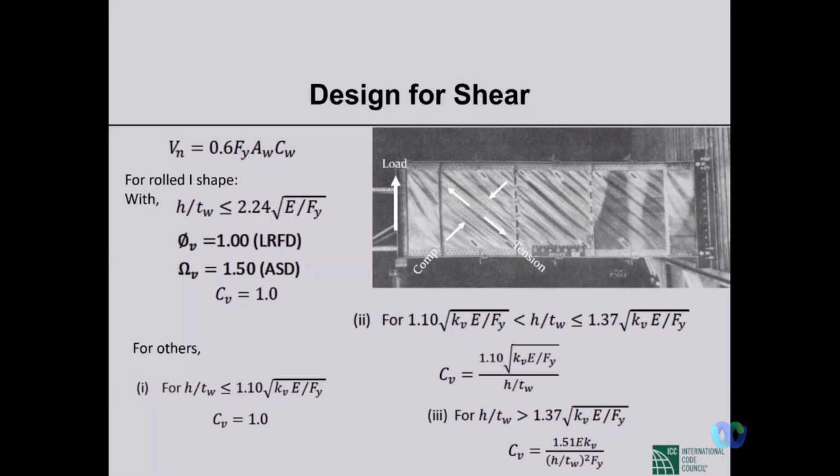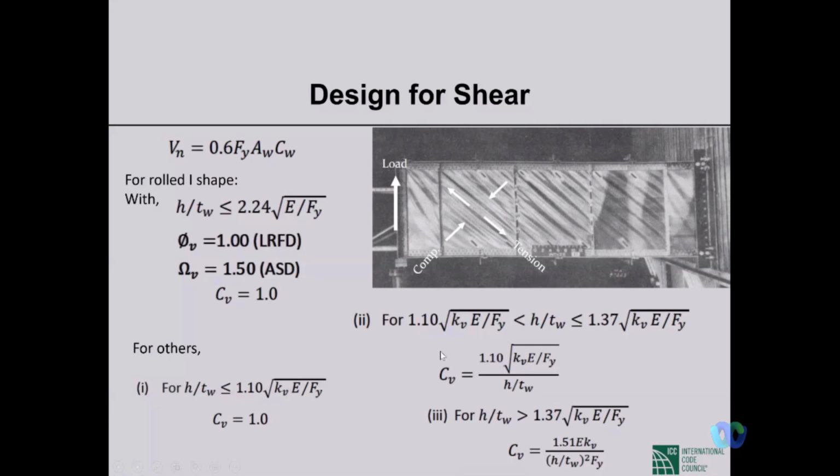So when this is within this limit, the phi factors and omega factors are mentioned here, and CV is 1, because we won't have elastic buckling. This is for rolled I shapes. For other kinds of shapes, this limit is different. This is 1.1.